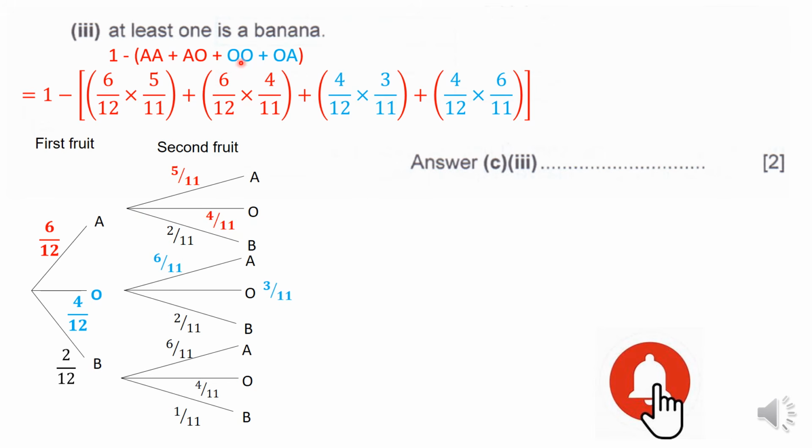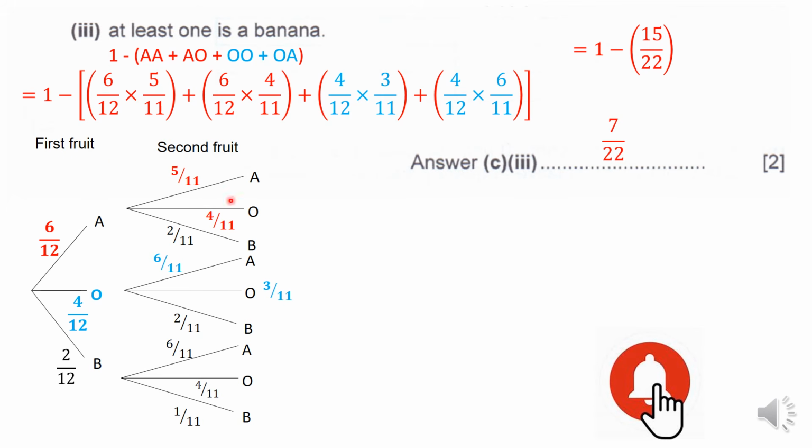You also can't find a banana when you have orange and orange. So 4 over 12 times 3 over 11. That is an orange and orange. Also an orange and an apple. So 4 over 12 times 6 over 11. So if I multiply all of this and add them together and I subtract them from 1, that is 1 minus 15 over 22. So the correct answer should be 7 over 22.